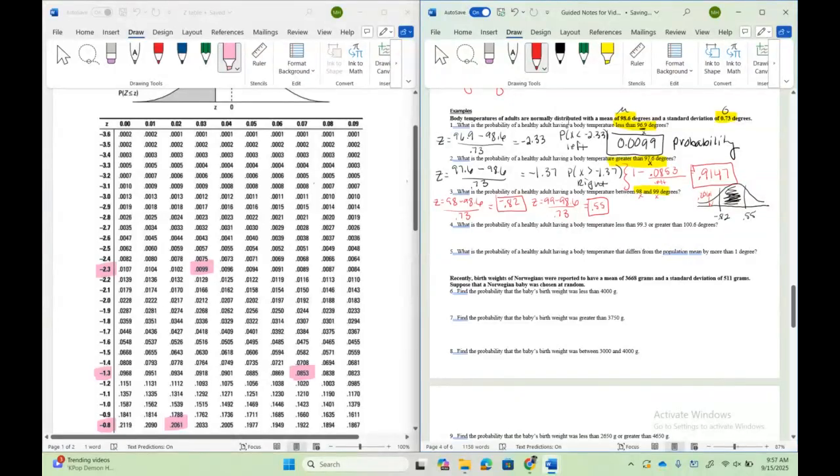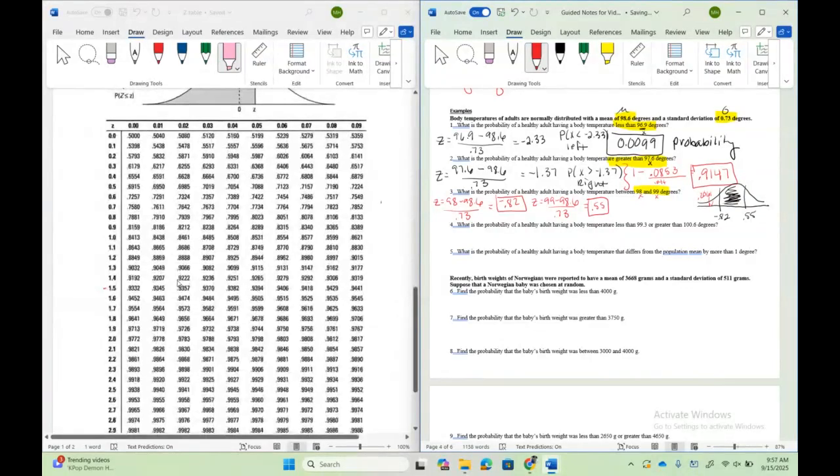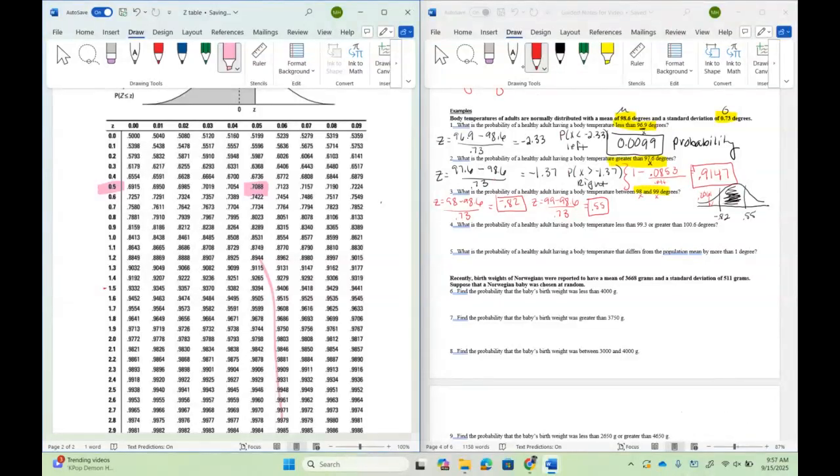And then the area to the left of 0.55 is 0.7088. So this whole area is 0.7088. I'm running low on room here, so I'm going to do 0.7088, the whole area, and subtract the area to the left of negative 0.82. And my final answer here is 0.5027.